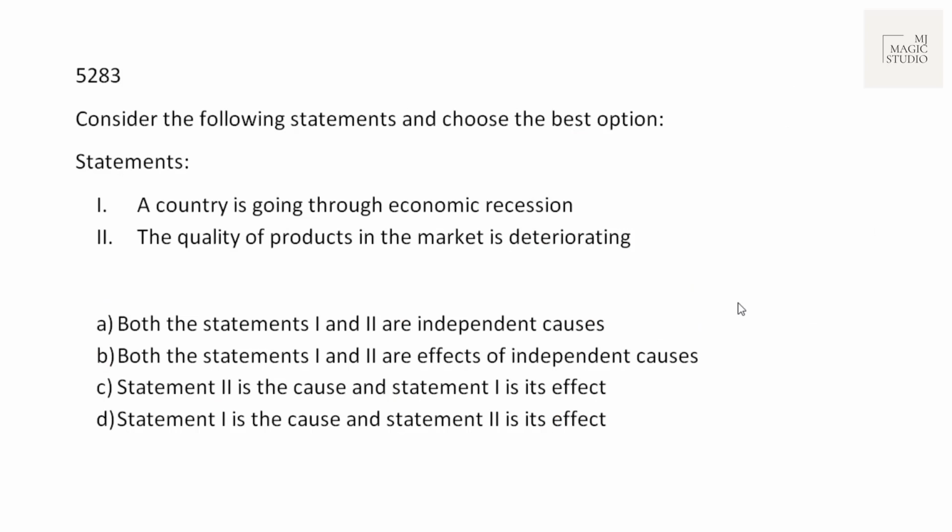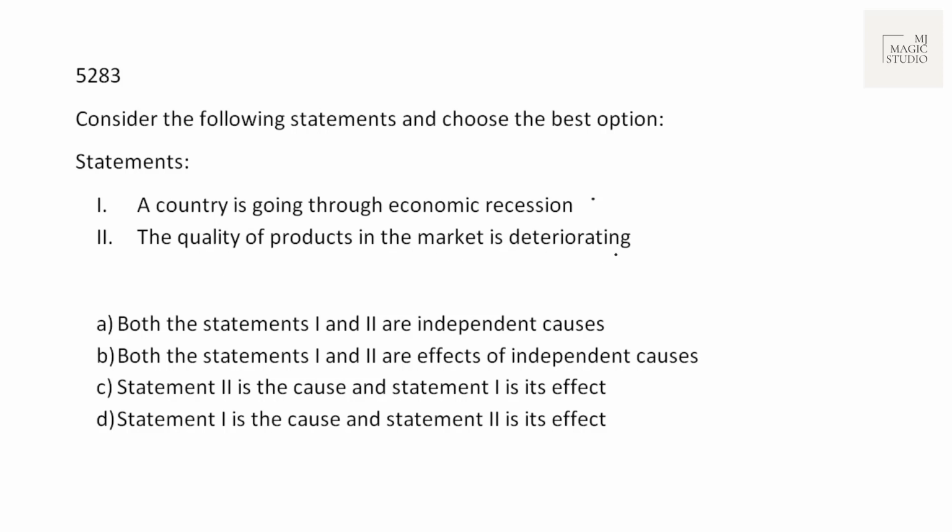Okay, the last one in this first set. Consider the following statements and choose the best option. A country is going through economic recession. And the second one says the quality of product in the market is deteriorating. Both the statements 1 and 2 are independent causes. A country is going into economic recession. Can it be a cause? It has to be an effect.